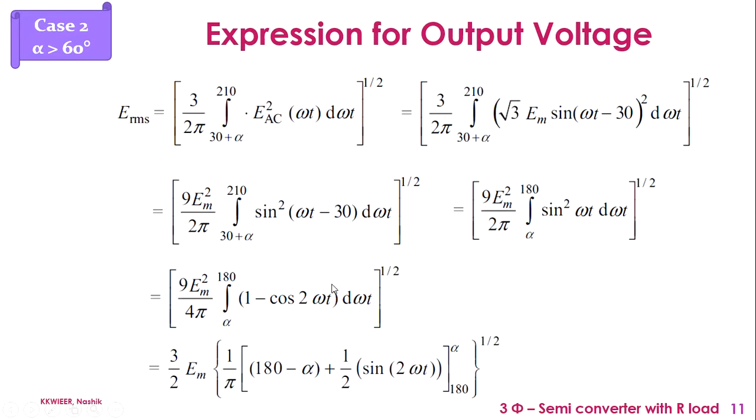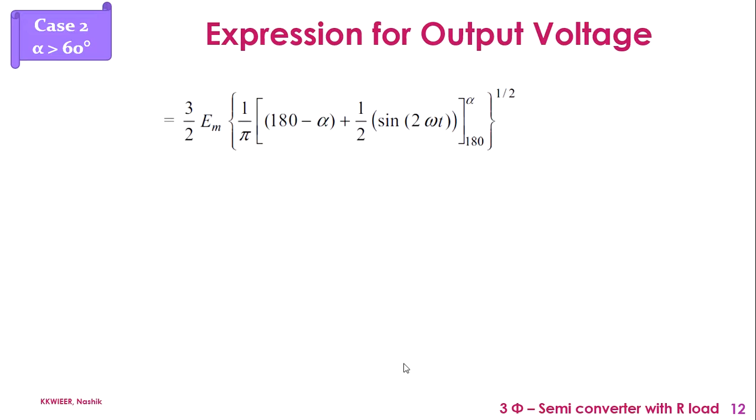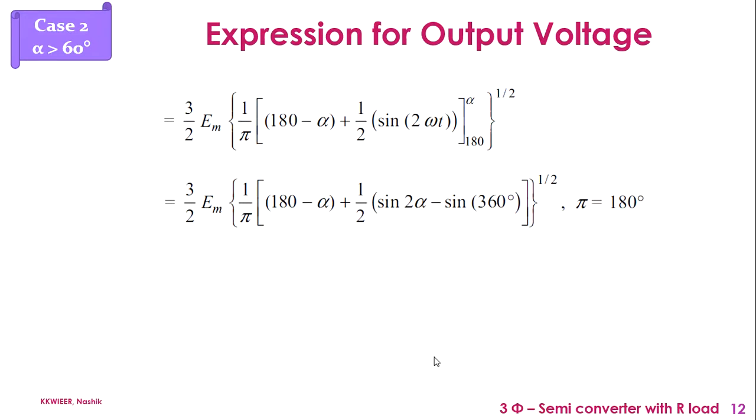So integrating this with respect to d(ωt), substituting the value of α and 180, which is already substituted, 180 minus α, and for this sin 2θ we are substituting the values, and after simplification we will get this final expression.